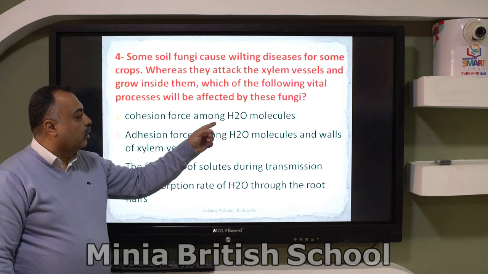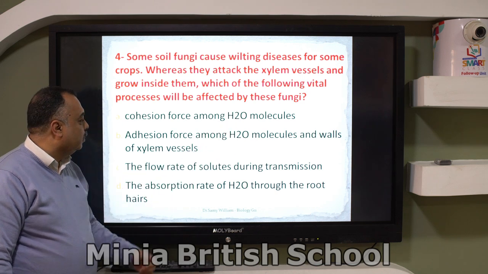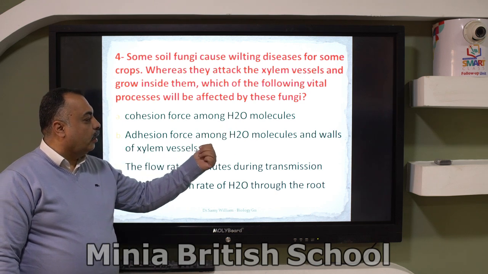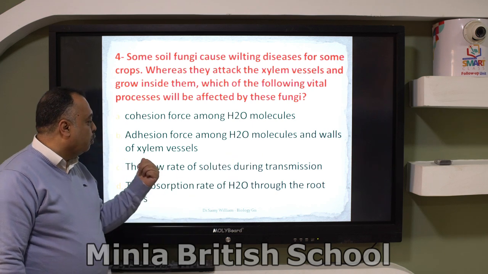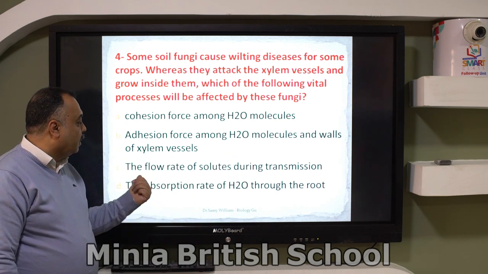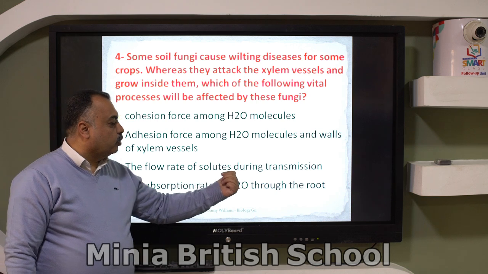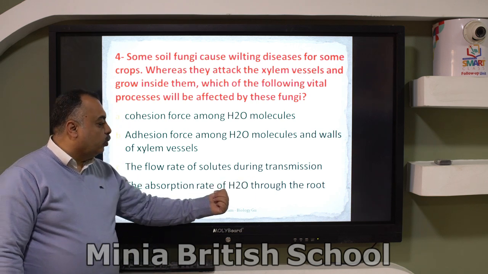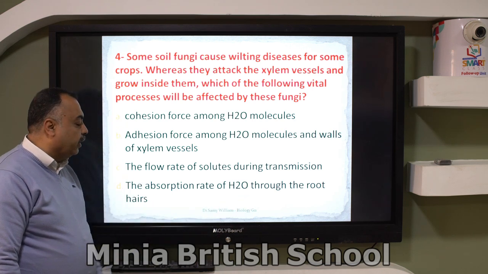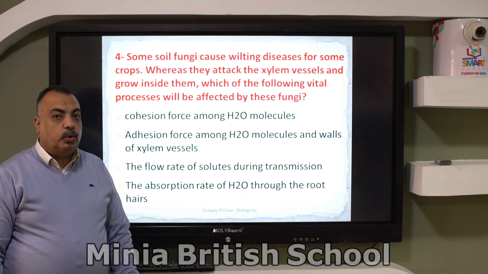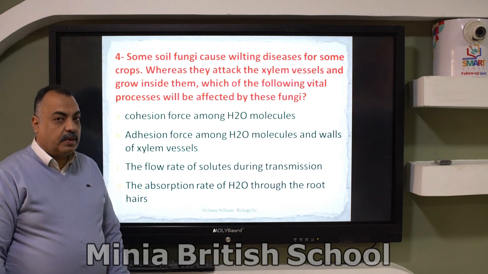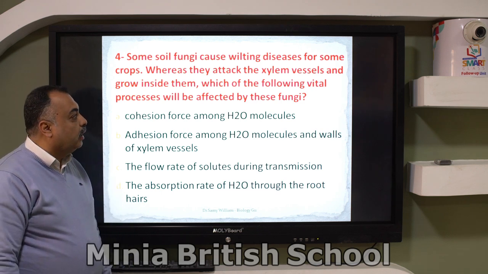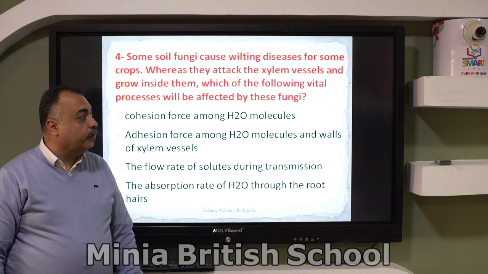Cohesion force among water molecules, adhesion force among water molecules and walls of xylem vessels, the flow rate of solids during transmission, or the absorption rate of water through the root hairs. What will be affected by these fungi which fill the cavity of the xylem?